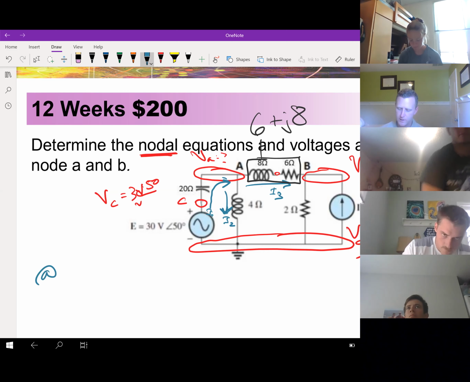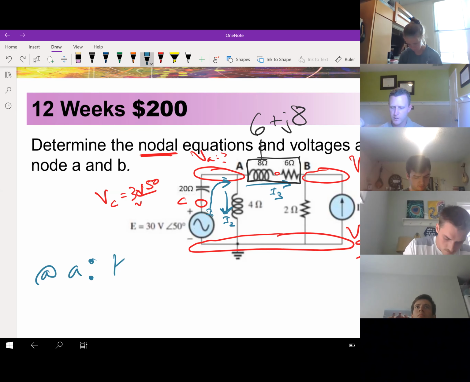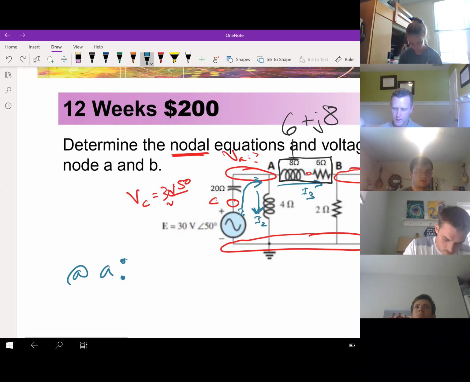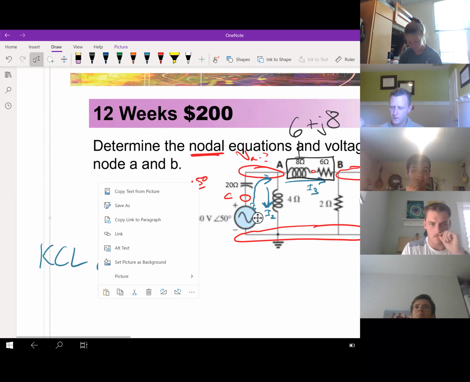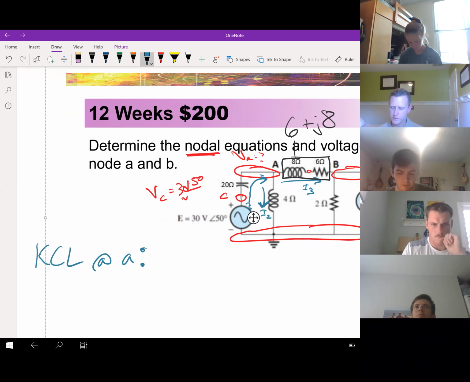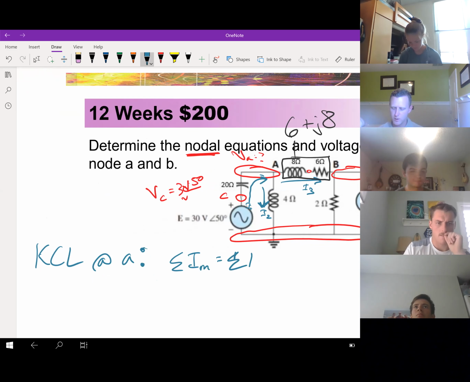Well, at A, I drew the currents, I labeled the currents, and I do KCL. Actually, I'll write it over here and say KCL at A. KCL at A is the sum of the currents in equals the sum of the currents out of node A. What's going into A is I1.